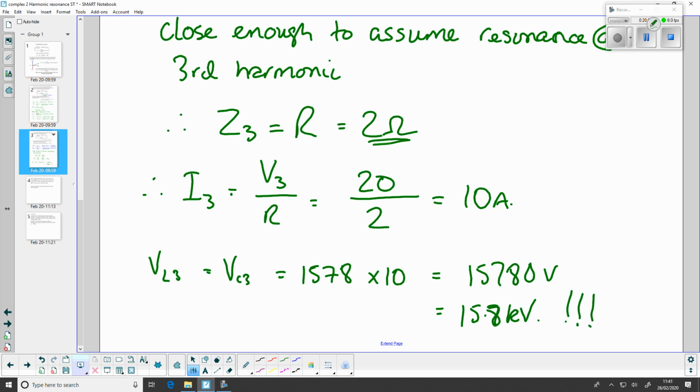Three exclamation marks. That will fry you. Not really a good idea. Well, the amps will depend on their body resistance at the time.